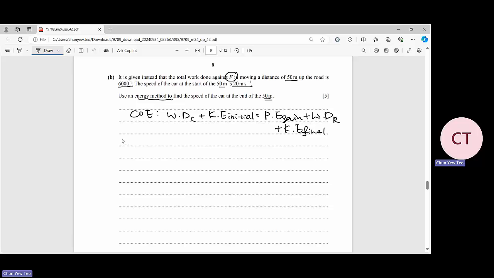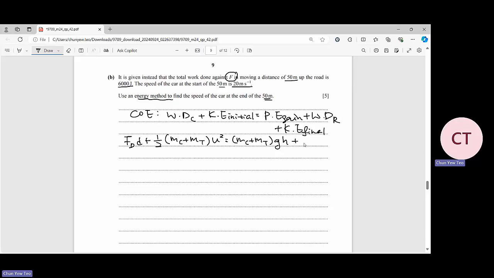So the work done by the engine of the car is the driving force of the engine multiplied by the distance travelled, plus half mu square, where m is the mass of the car plus the mass of the trailer, multiplied by v square, u square, equals (mc plus mt) gh, plus the work done by the resistance.